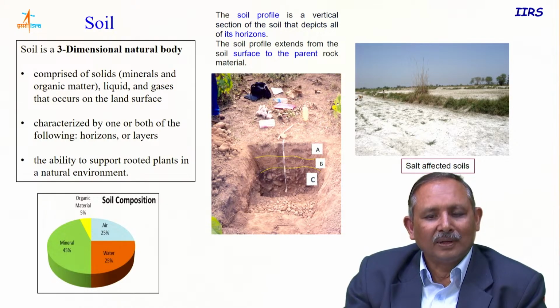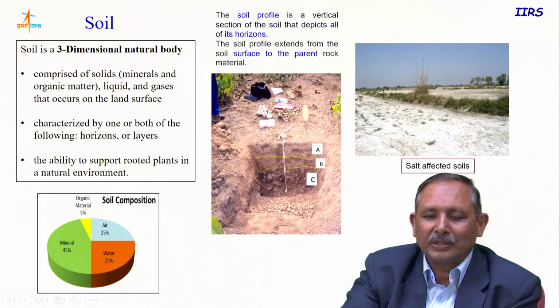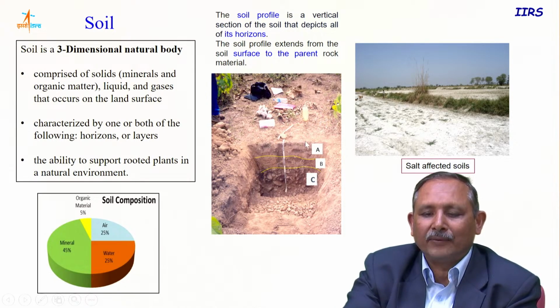We know what is soil. We say soil is a three-dimensional natural body. Here you see the three-dimensional natural body, where you are seeing one soil profile, and on the surface you are seeing the horizons, and in the subsurface you are seeing the horizons having different composition.